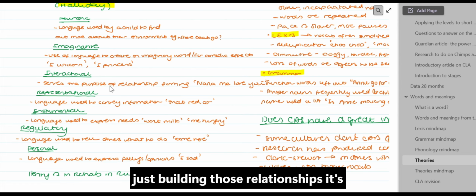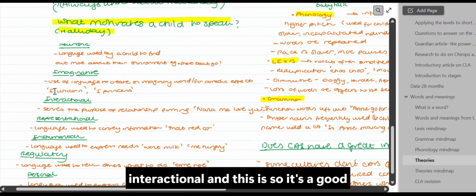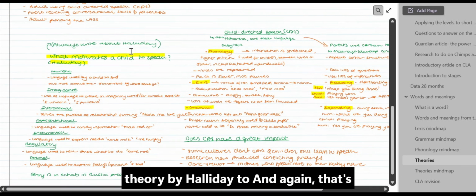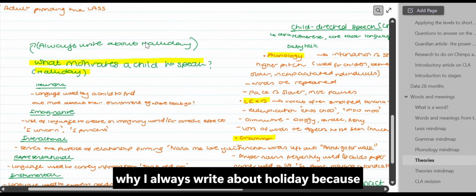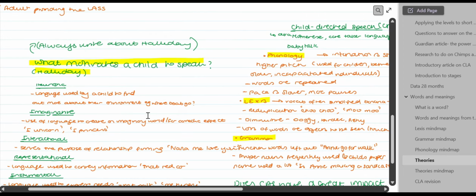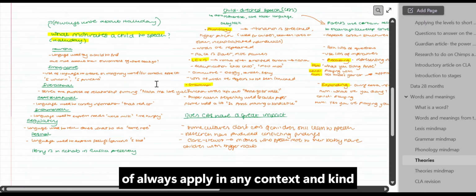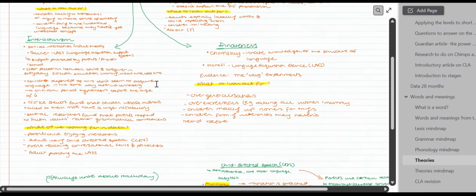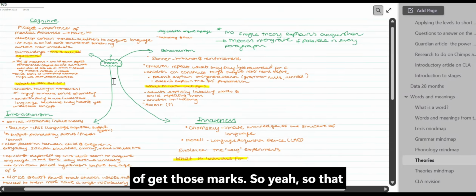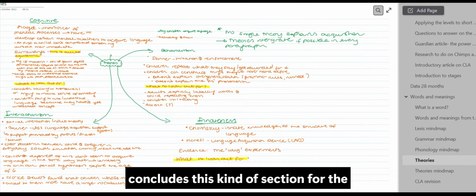Or if it's just building relationships, it's interactional. It's a good theory by Halliday, and that's why I always write about Halliday, because our teacher drilled that into us. It's a really easy one that you can always apply in any context and get those marks. So that concludes this section for the mind maps.